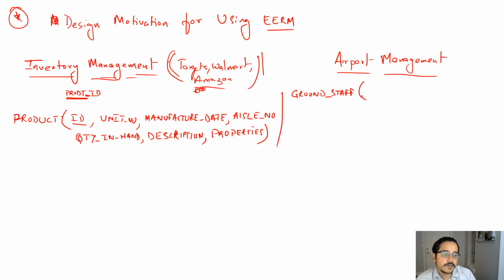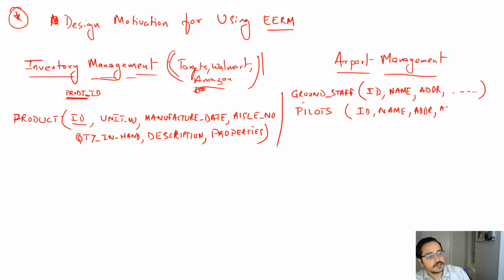Ground staff will have ID, name, address, etc. And then you can have pilots, which will also have ID, name, address, and then assignment, and then let's say license.